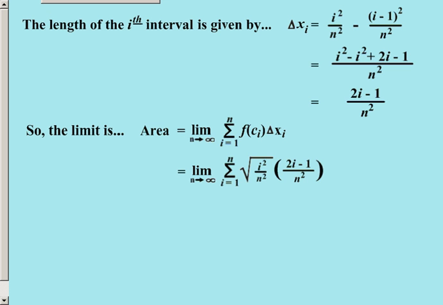Okay, and plugging in the particular function that we had, the parent square root function, we have the square root of I squared over n squared, because again, our subintervals now have unequal width. So I squared over n squared gives us that progressive width as we move through the subintervals, and there is your delta x sub I, 2I minus 1 over n squared.